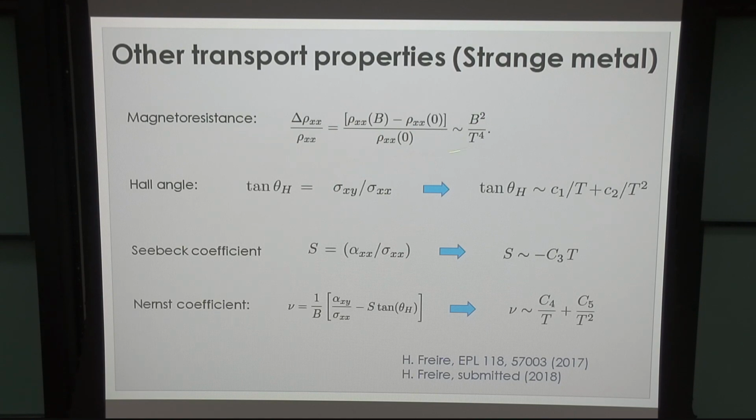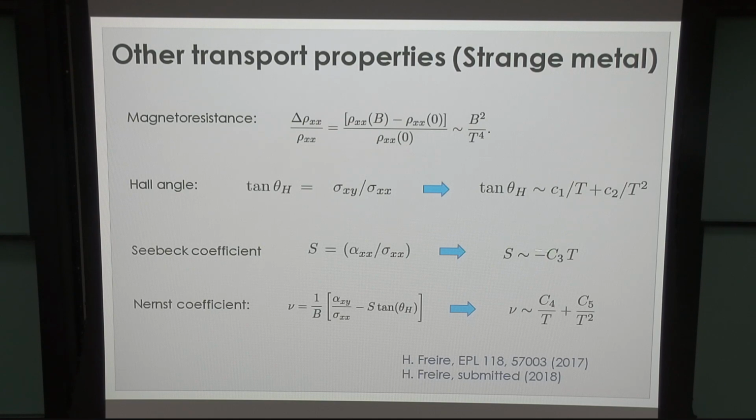And this agrees with experiments, where you see that the cuprates obey the so-called Kohler's rule inside the pseudogap phase and also at optimal doping. We can also calculate the so-called Hall angle, which is given here. So we get two contributions here. We can also calculate the Seebeck coefficient.